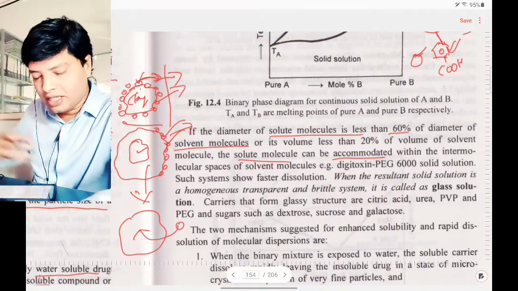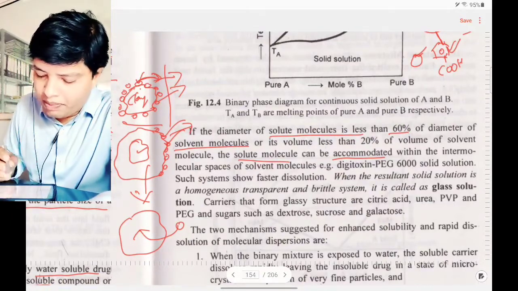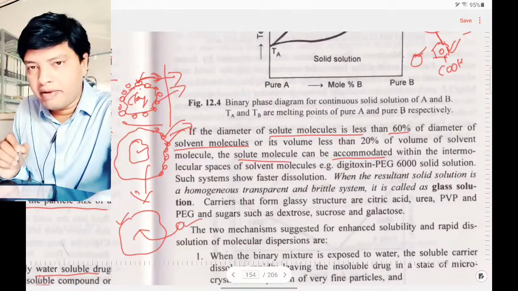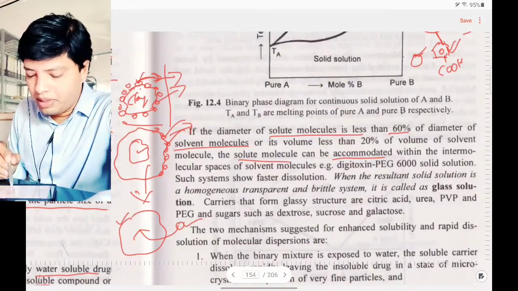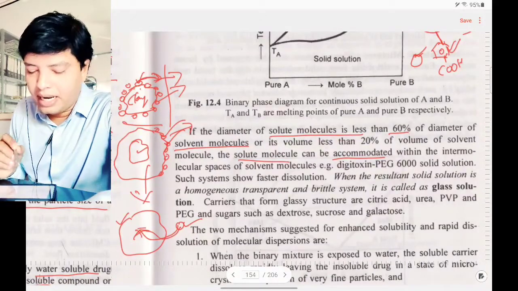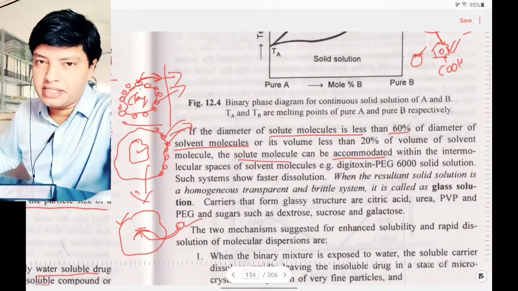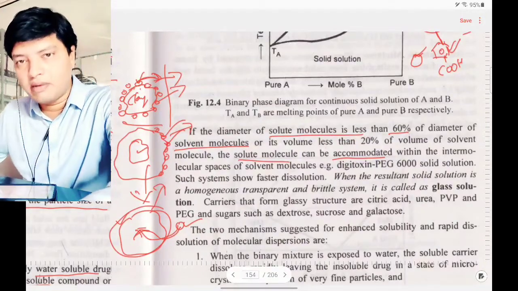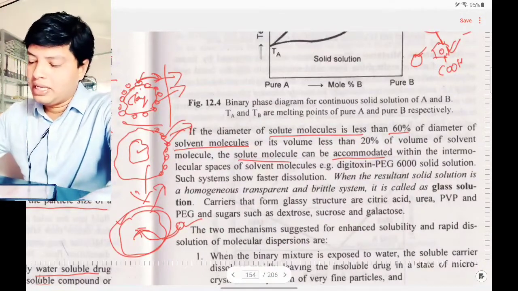Due to this incorporation, what happens? The solute molecule, which has no water solubility of its own, is entering and entrapped within the intramolecular spaces, and the whole thing will get dissolved. That's how you can increase the bioavailability or solubility of a given substance.